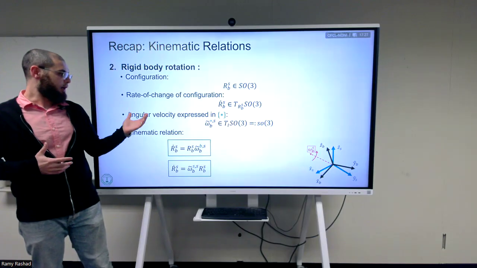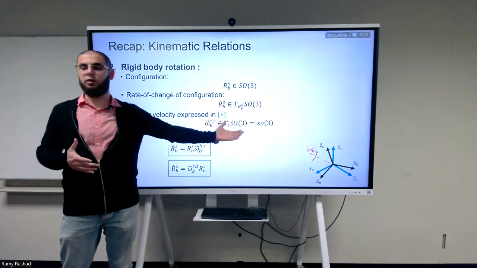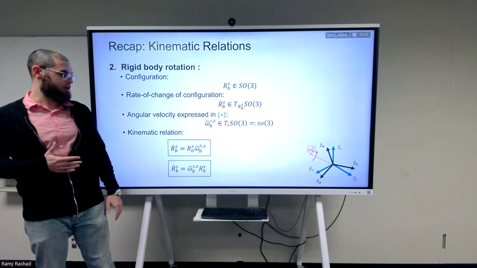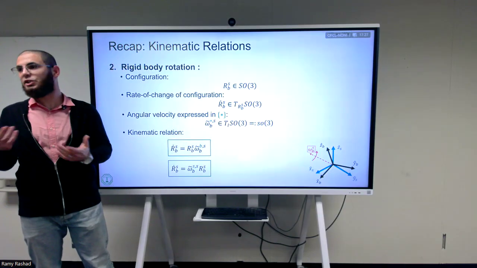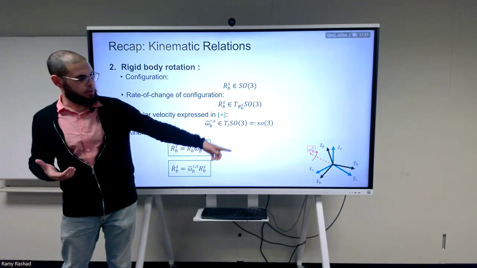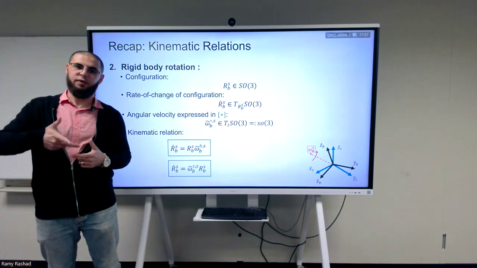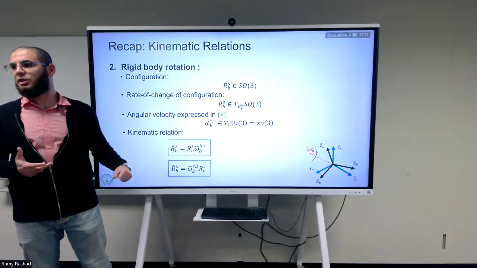And then we had the angular velocities. We said that they live at the tangent space at the identity, which was what we called small so3, being the Lie algebra of the Lie group capital SO3. We have two natural versions of this angular velocity, which physically represent the angular velocity in the B frame or in the S frame. So you have the body angular velocity and the spatial angular velocity.